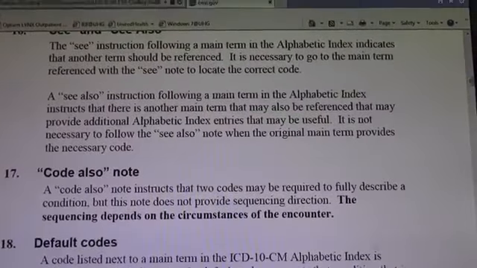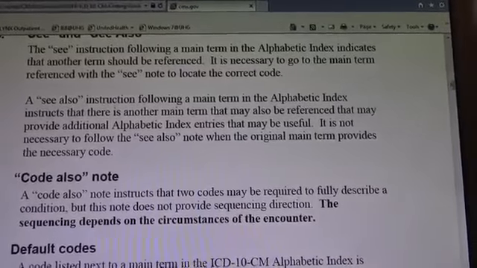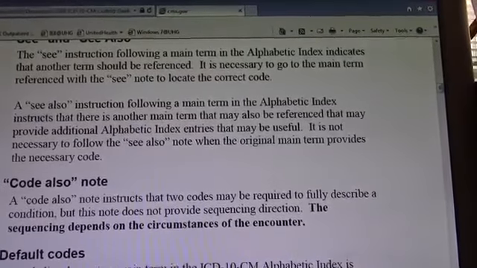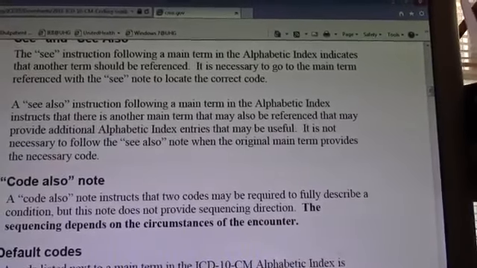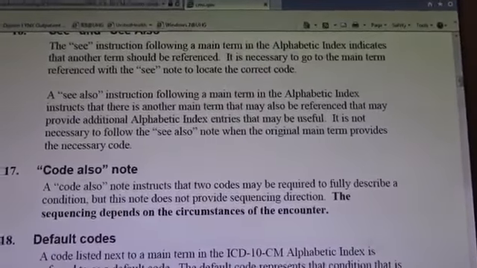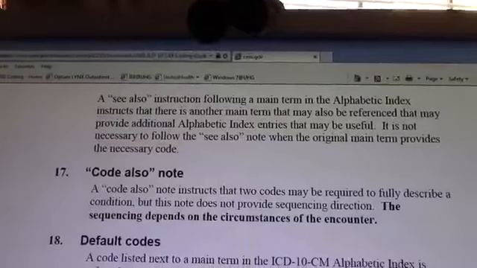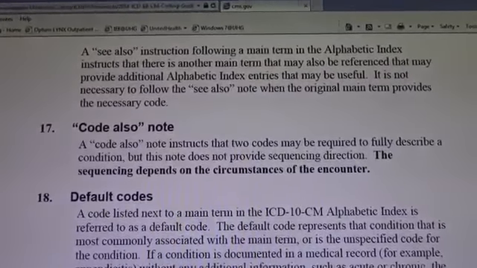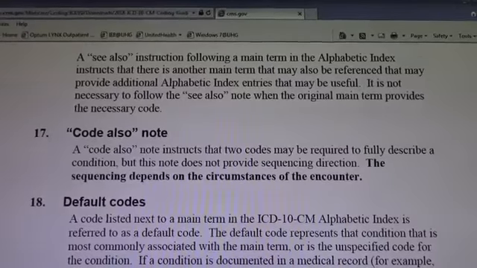A "code also" note instructs that there are two codes that may be required to fully describe the condition, but this note does not provide sequencing direction. Remember, sequencing depends on the circumstances of the encounter. And I've had a couple of you guys ask me, how do I know when to assign two codes? When one code does not fully document or code the condition, then a lot of times it's going to require two.